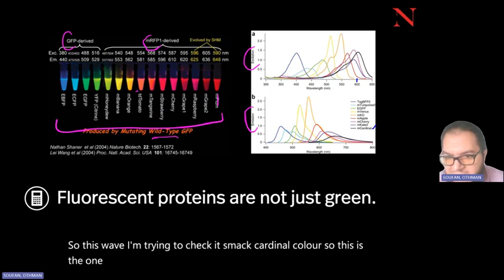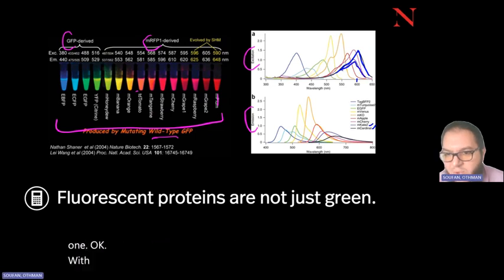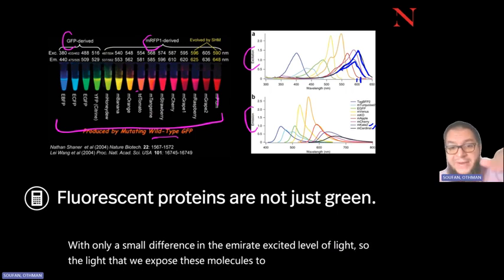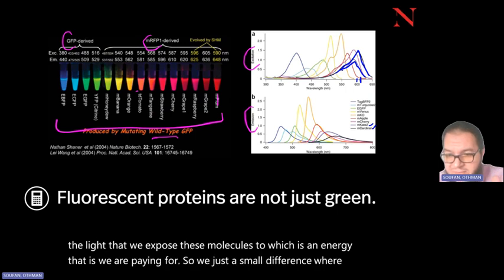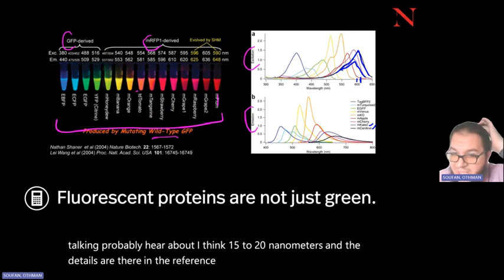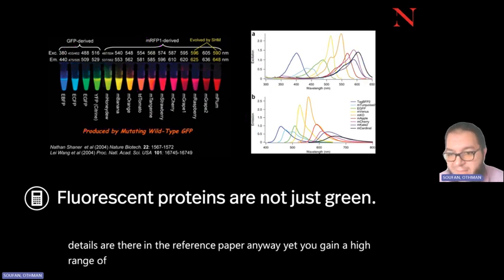So we have one wave here that we are capturing, and there is mK, this one, with only a small difference in the emitted and excited level of light. So the light that we expose these molecules to is an energy that we are paying for. With just a small difference, we're talking probably about 15 to 20 nanometers, and the details are there in the reference paper anyway, yet you gain a high range of excitation with the mCardinal.